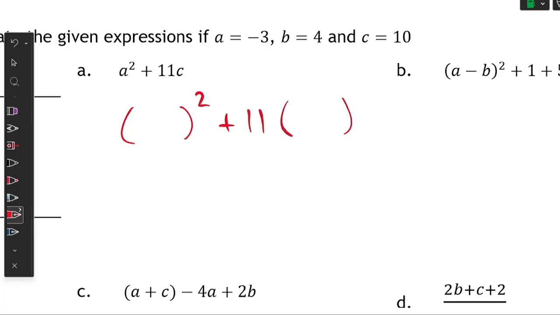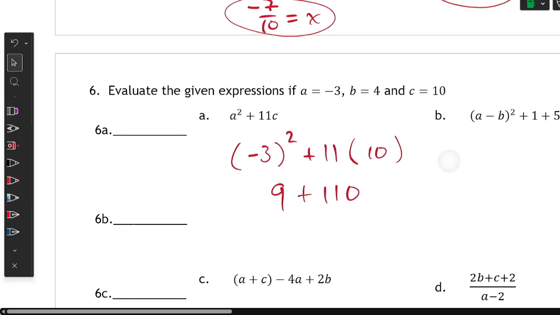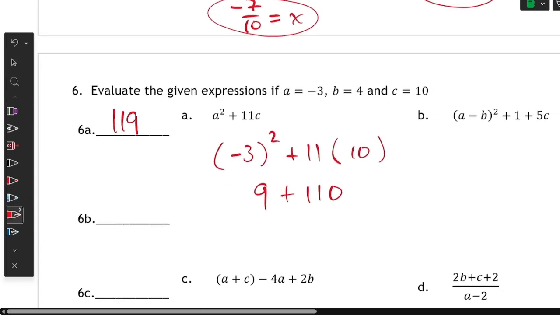That first thing that goes where A was is the value negative 3, and for C, I'm going to place the number 10. So when I square negative 3, that's negative 3 times another negative 3, which gives us positive 9. And to that, I'm going to be adding 110. When I combine those, I get 119. So this is 119.